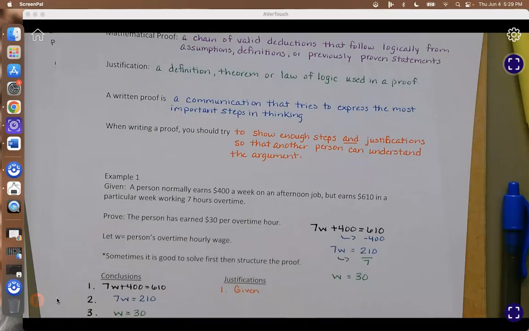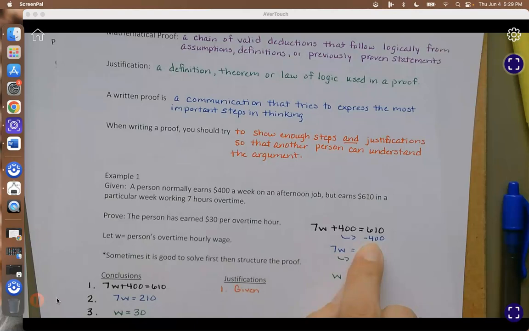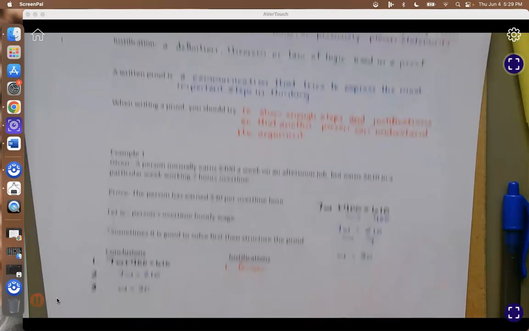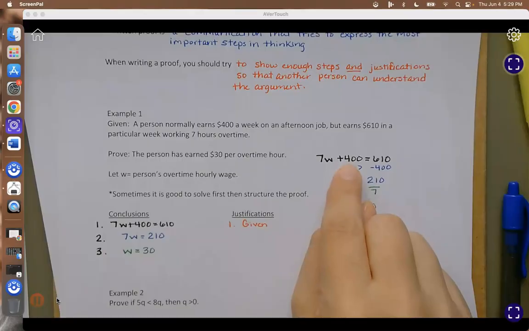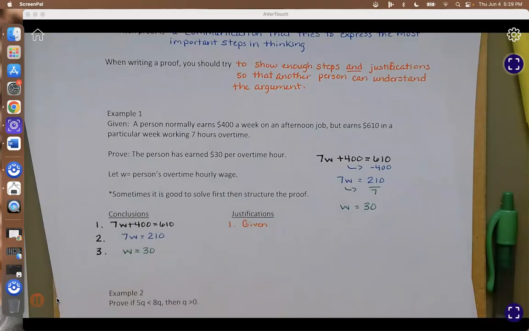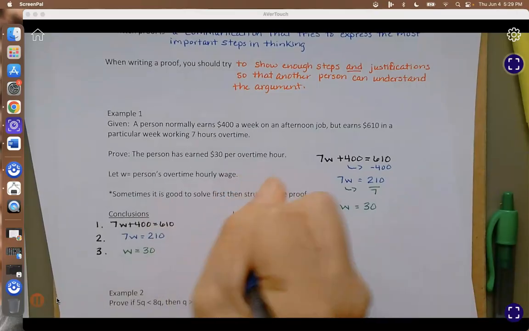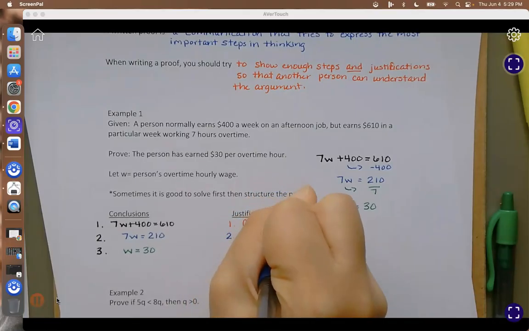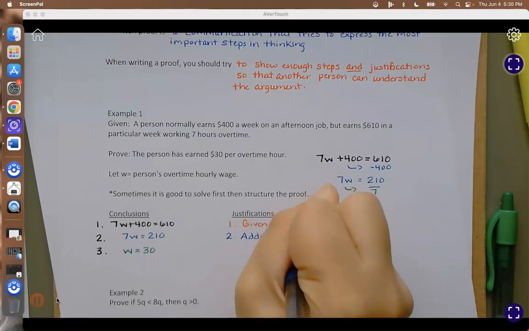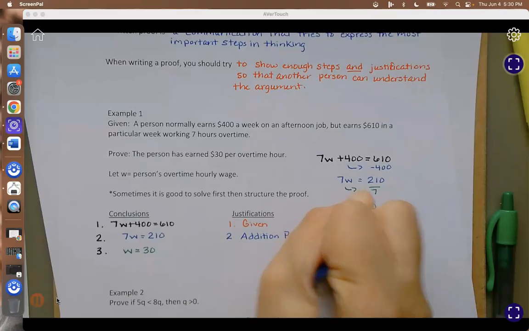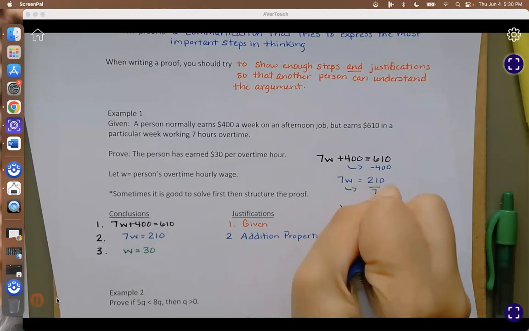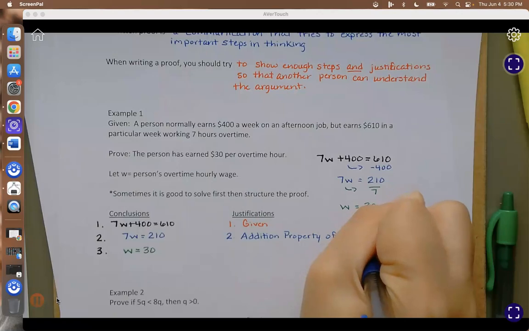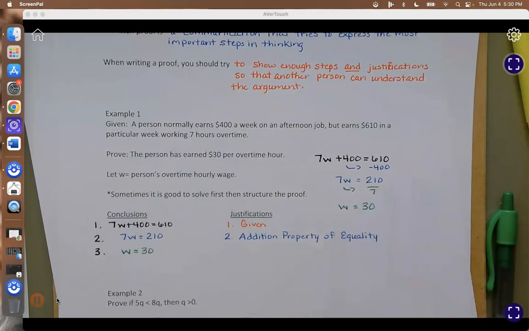Now, when you are subtracting, okay, there's not a subtraction property of equality. So what you're really doing is adding the opposite over here. So what they're going to call this for step 2, anytime you add or subtract, is the addition property of equality. So anytime you add or subtract, and you can put that note over to the side, anytime you add or subtract in an equation, it's the addition property of equality.